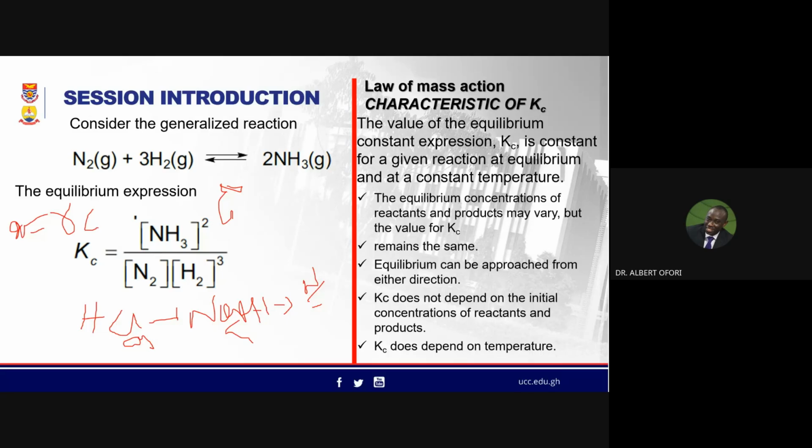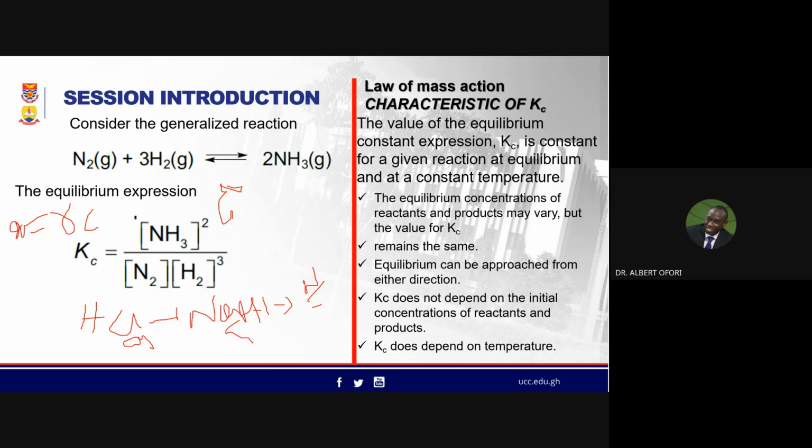So in chemistry, the law of mass action is just a kind of proposition that gives us an idea that the rate of chemical reaction is directly proportional to the product of whatever activity is going on in the reactants. So the rate of reaction is proportional to whatever activity is going on in that reaction, whether for the product or for the reactant.